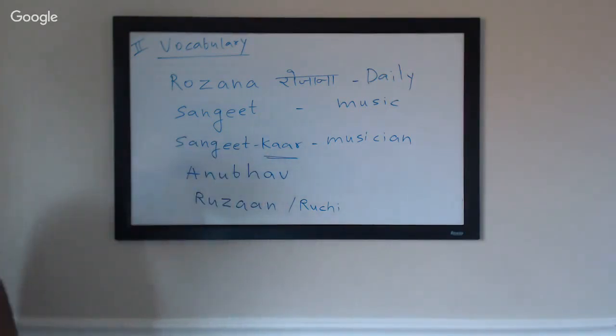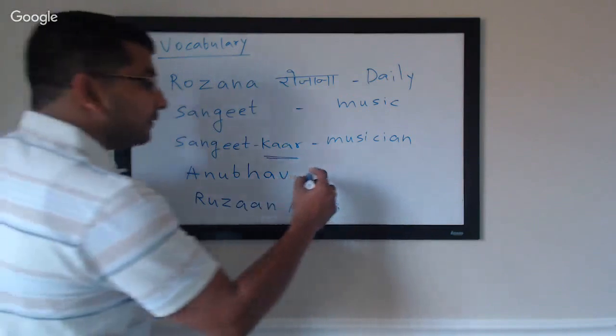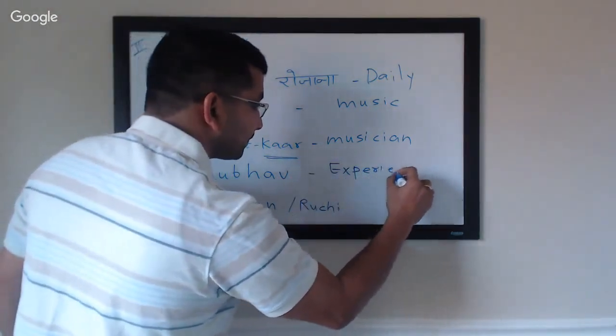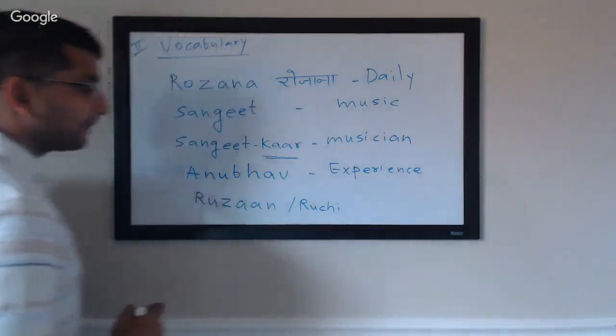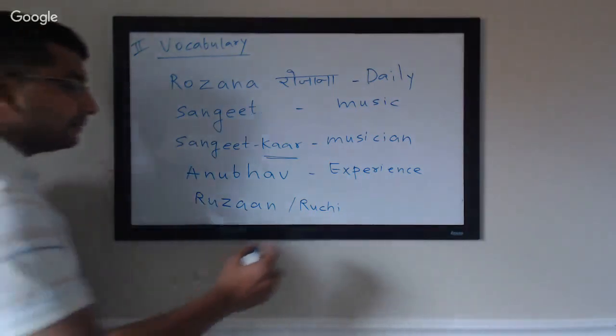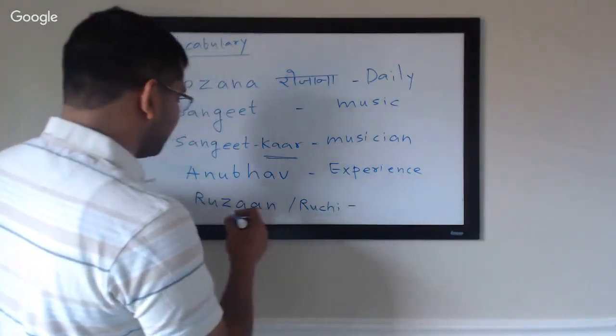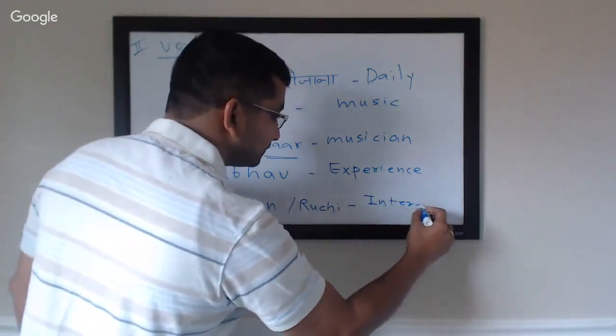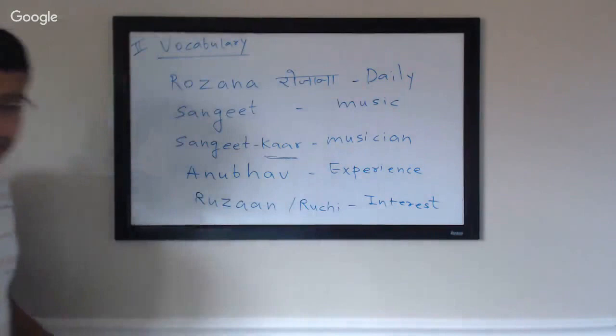But while we are here, Anubhav is experience. When you say Anubhavi, that means someone who is experienced. Ruchi, or Rujhan, is interest.